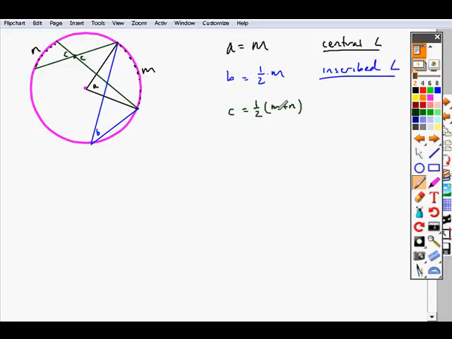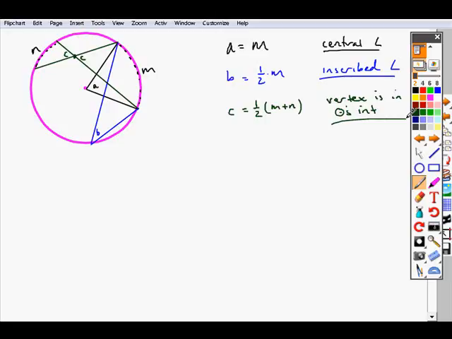And the average is the sum of them divided by 2. So anytime the vertex is in the circle's interior, you're dealing with 1/2 the sum of the intercepted arcs.